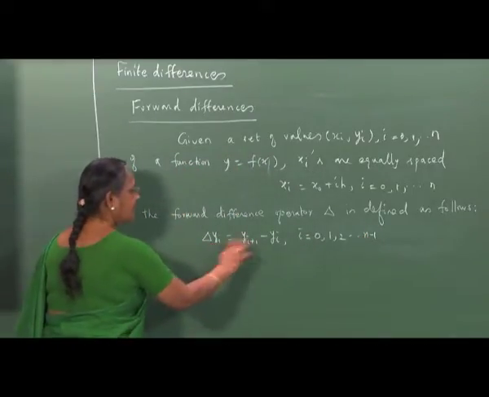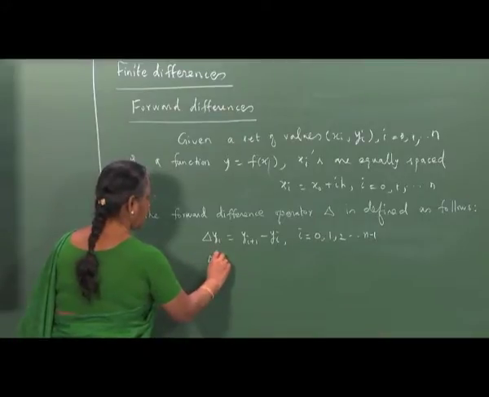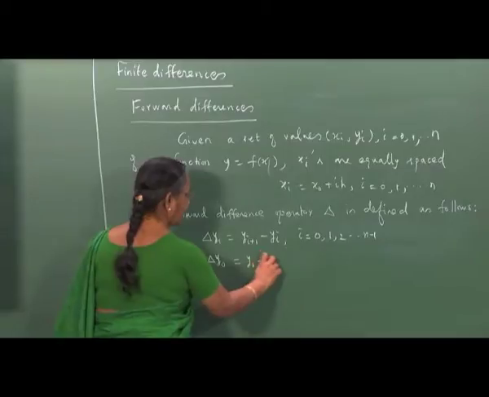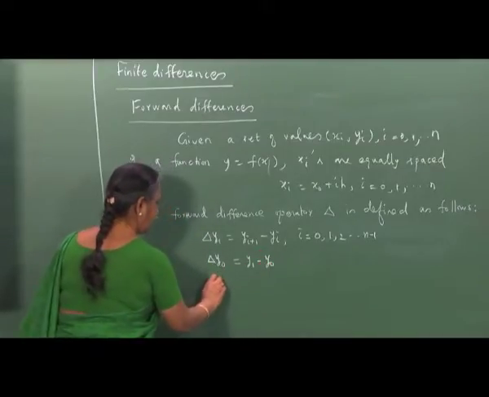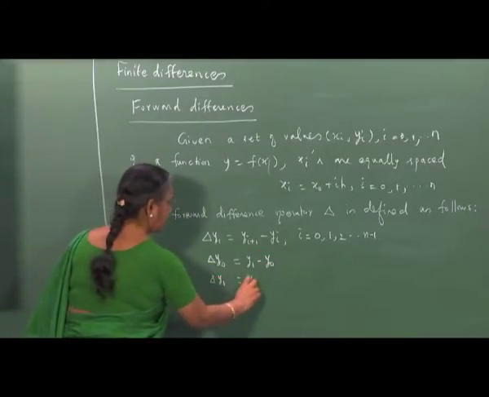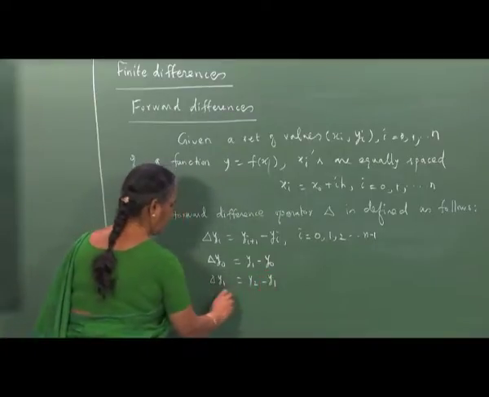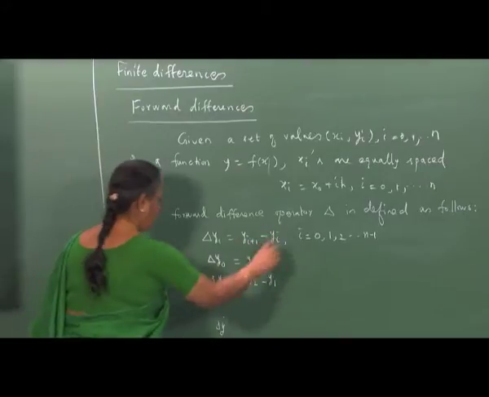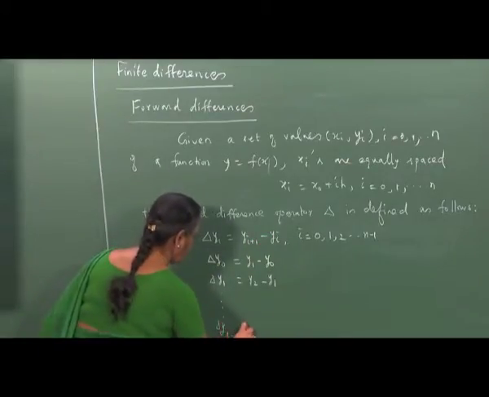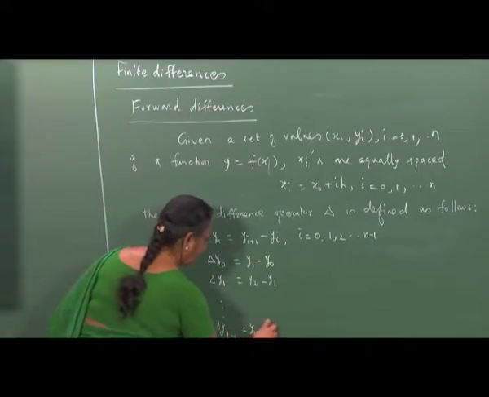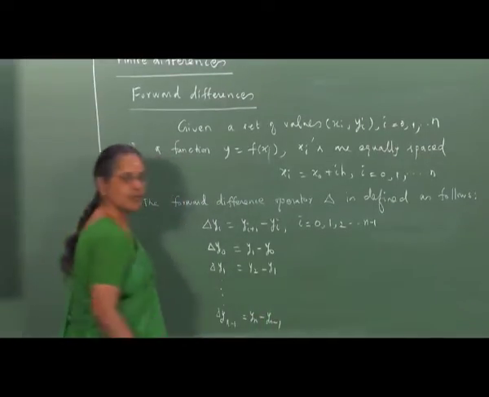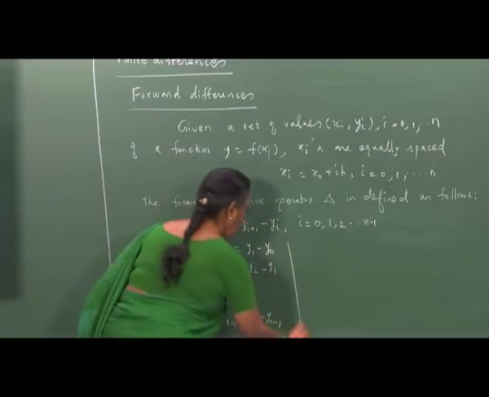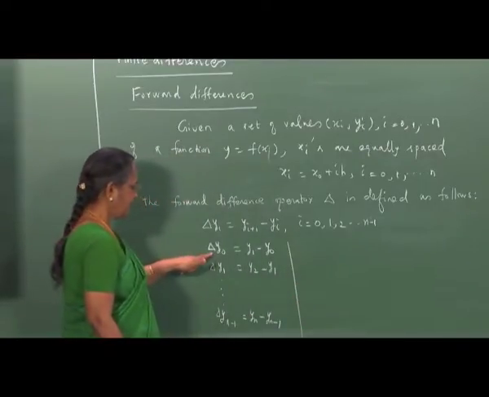So, when i is say 0, delta on y naught will be y1 minus y naught. Delta on y1 is y2 minus y1 and so on. Delta on yn minus 1 will be yn minus yn minus 1. So, what does delta do?